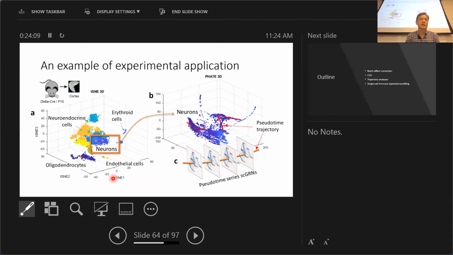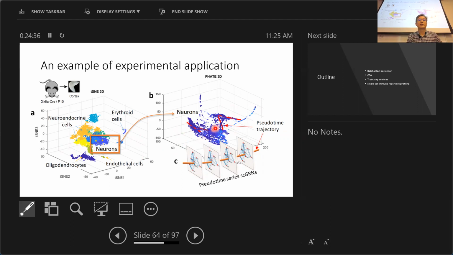As an application illustration, we can do this cell type specific time series network analysis. This is a neuron, so the trajectory I created may not be time, but maybe the different layers of the brain. You have outer and inner brain, different layers, and different types of neurons.